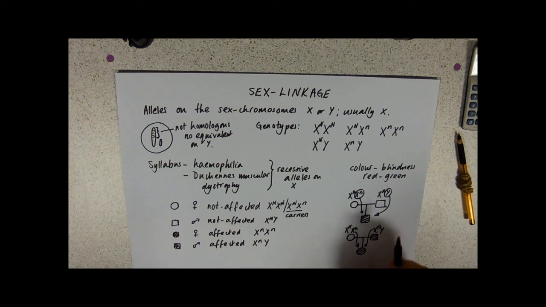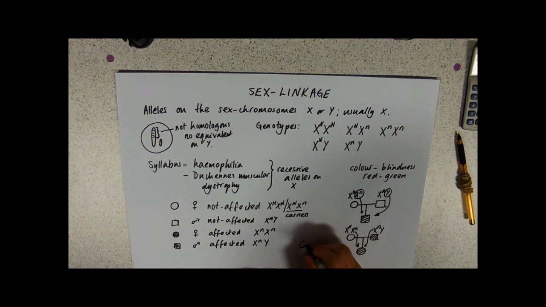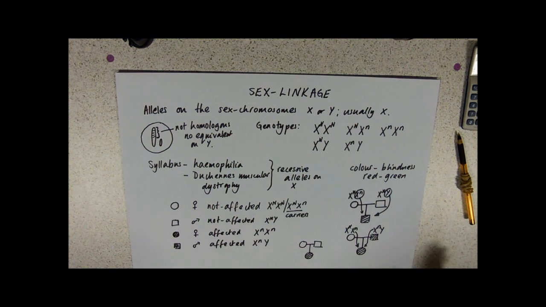So you can only get red-green colourblind girls if the dad is colourblind and the mother is a carrier. So if you see a tree where you've got that scenario, that automatically tells you it's not sex-linked.